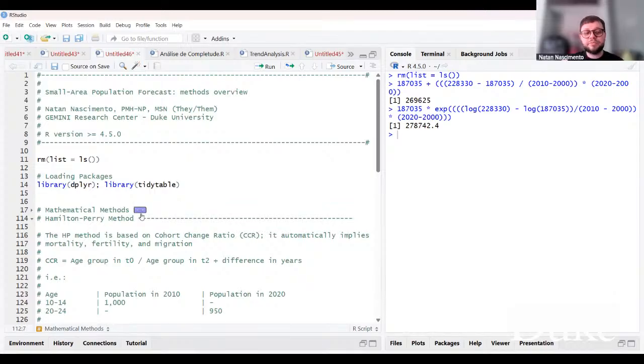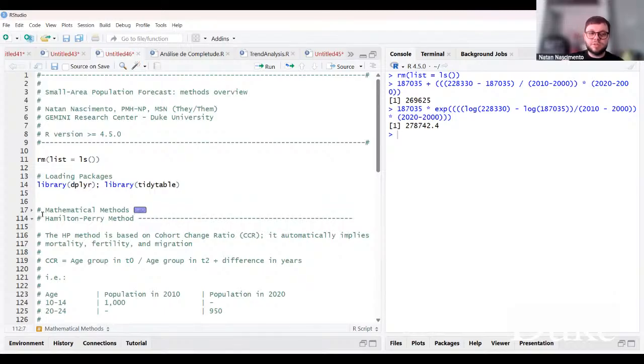Why? The HP method, the Hamilton-Perry method, is based on cohort changes. That means that mortality, fertility, and migration are automatically implied. Because what's the golden standard for projection? The cohort one.